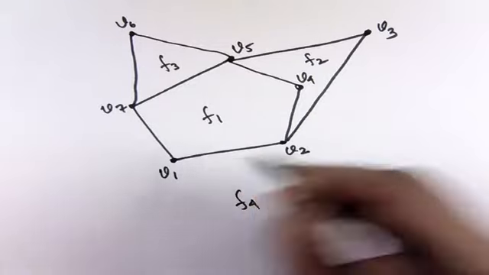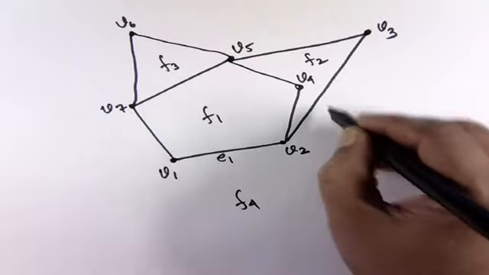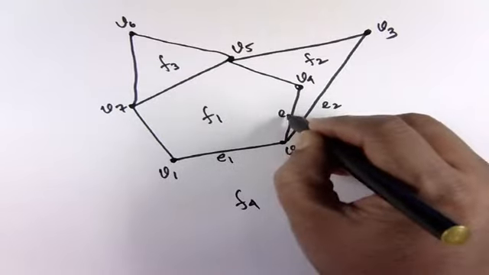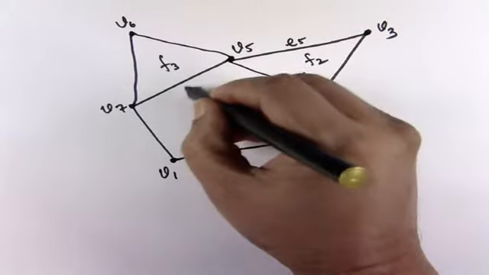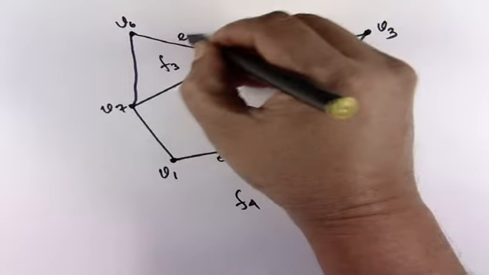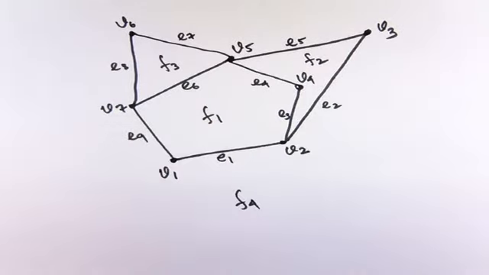We can give some names here as well, say E1, E2, E3, E4, E5, E6, E7, E8, E9. So could you suggest a data structure to represent this?